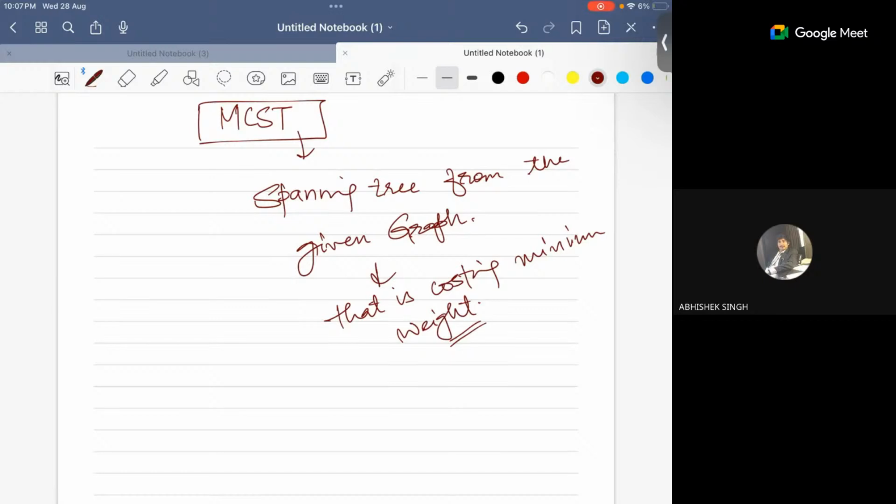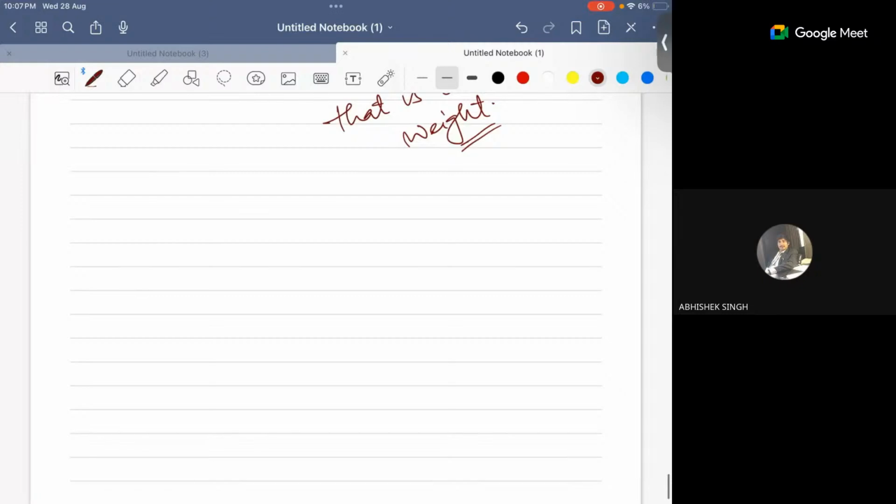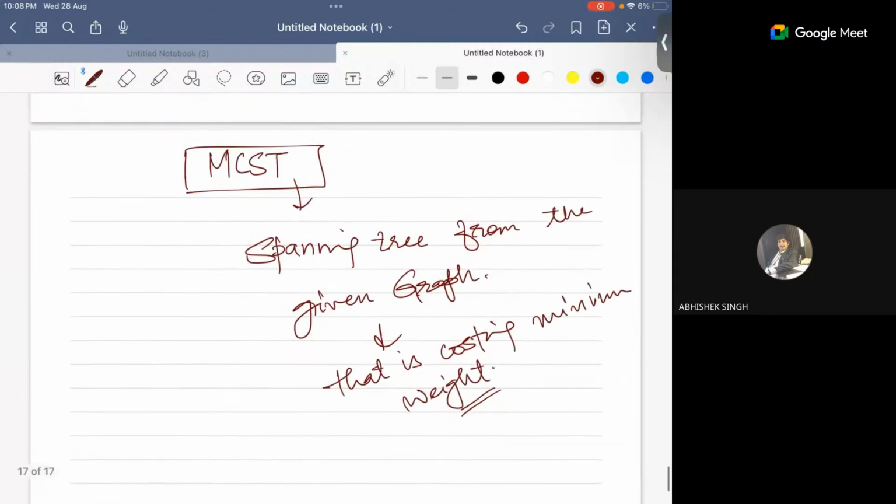Let's use the Kruskal algorithm to solve one question. You just have to make a spanning tree that costs the minimum weight.